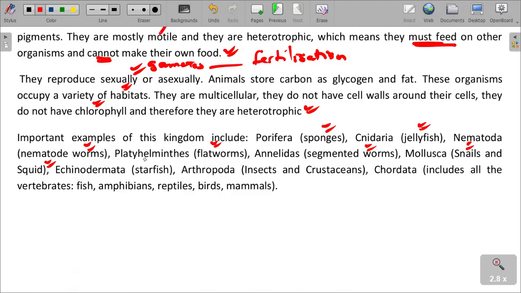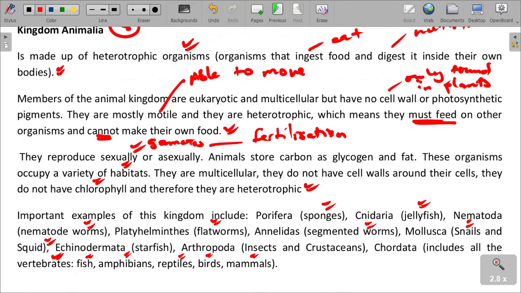There are quite a lot of starfish. All these are examples, including the vertebrates, which are the fish, the amphibians, reptiles, birds, and mammals. We are saying they are all examples of the Animalia kingdom, which is constituted by these characteristics.